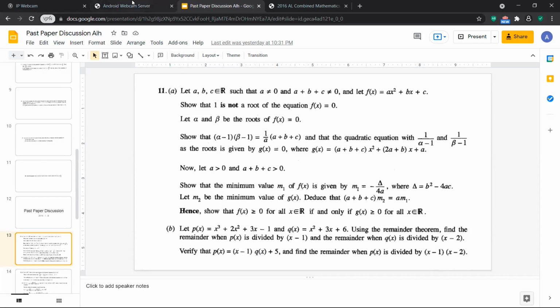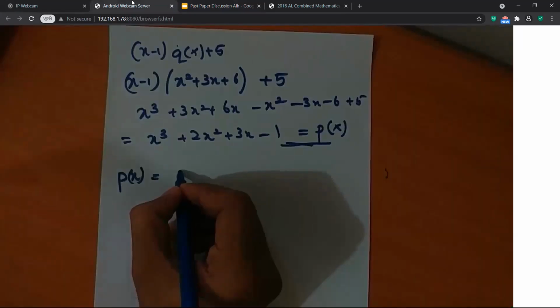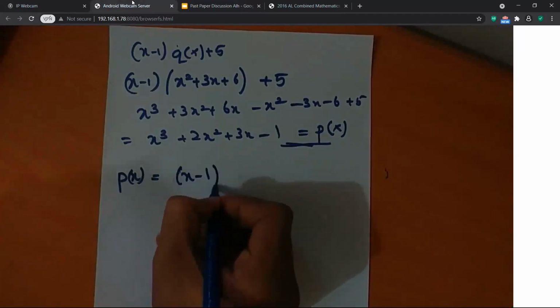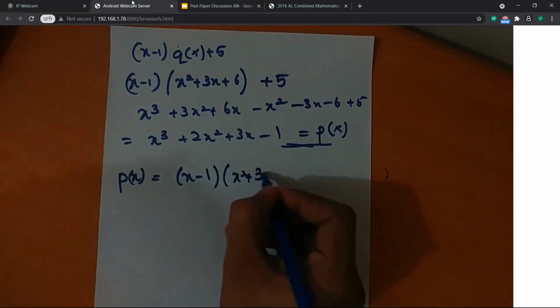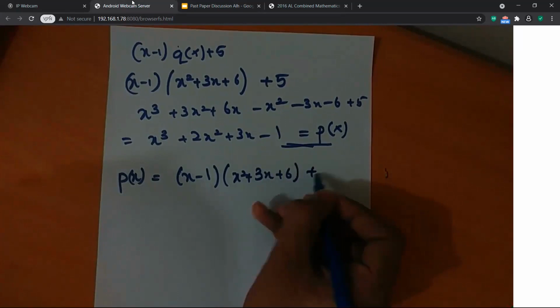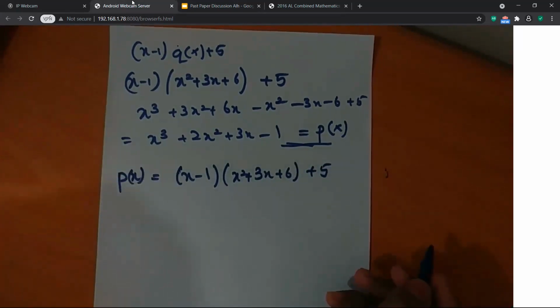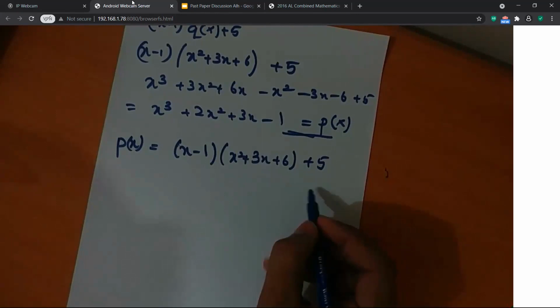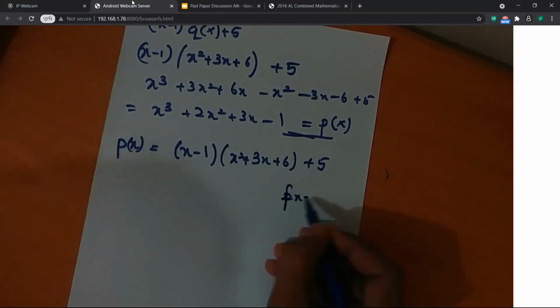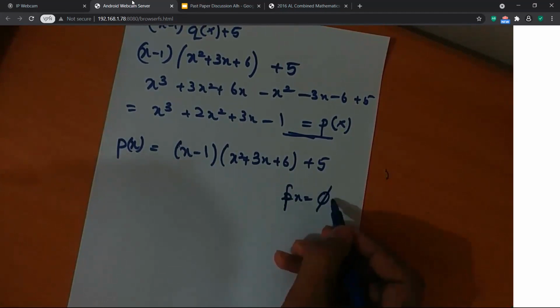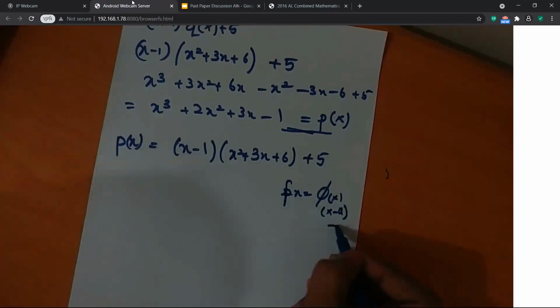What do I mean by this? I'll write it down. We proved that p(x) is equal to (x minus 1) times (x squared plus 3x plus 6) plus 5. Usually, f(x) can be written as something times what you divide by, plus the remainder. This is the remainder theorem.